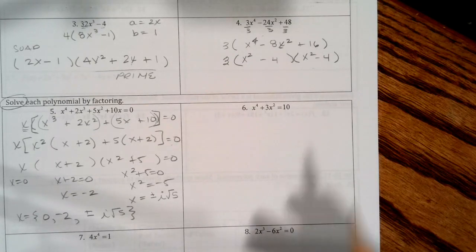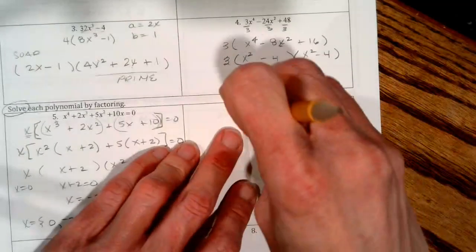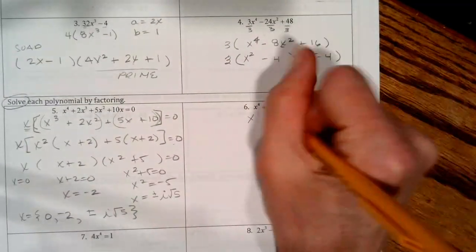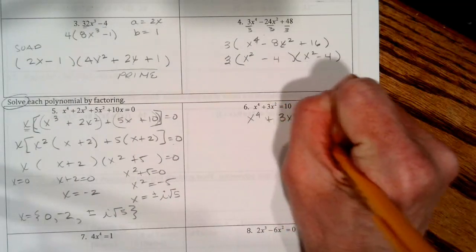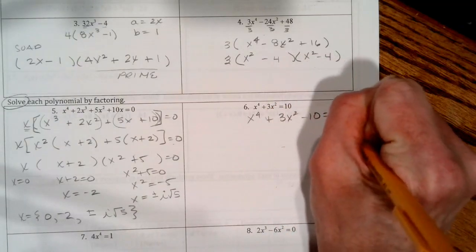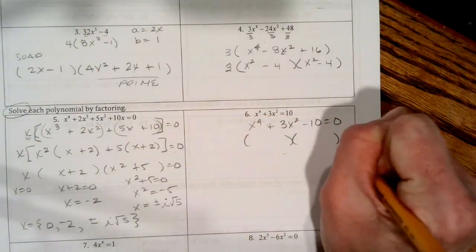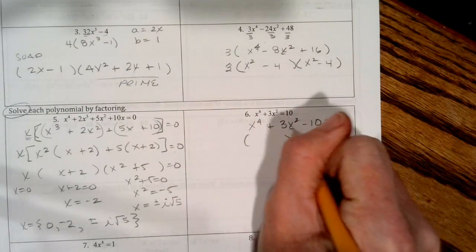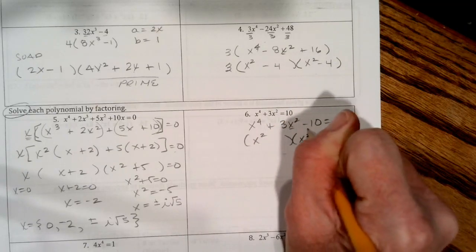All right, before I can do anything, I always need to make sure that my equation is set equal to 0. X to the 4th plus 3x squared minus 10 is 0. My middle term lets me know that maybe I can evenly divide my x's. X squared here, x squared here.